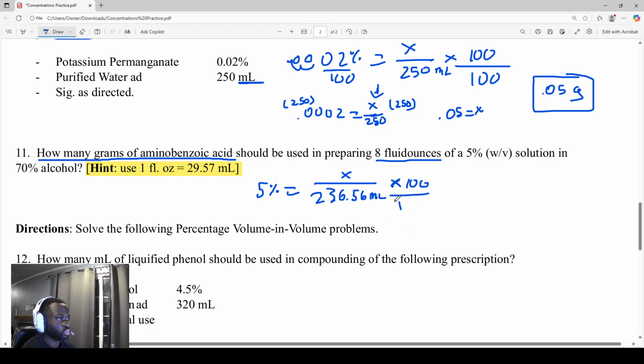So we do the same thing. Divide by 100, making it 0.05, equals X over 236.56. Now we multiply both sides by 236.56.